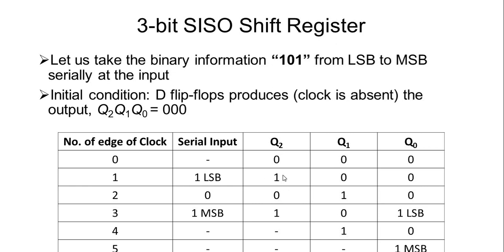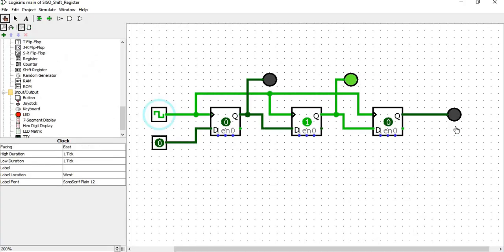Whatever value was in Q2 is moved to Q1, and whatever value was in Q1 is moved to Q0. So you get 0, 1, 0. Next I am going to have my third bit, that is the MSB 1.